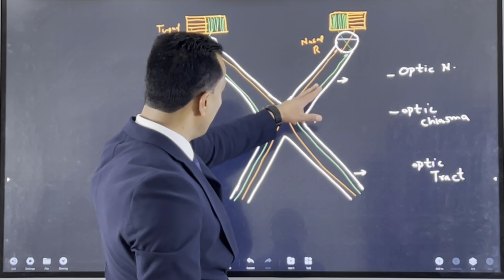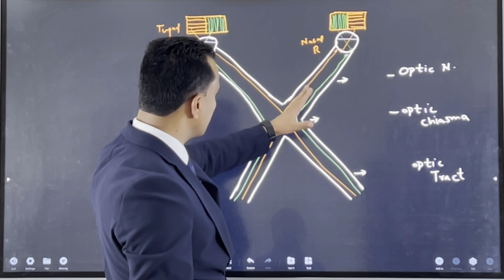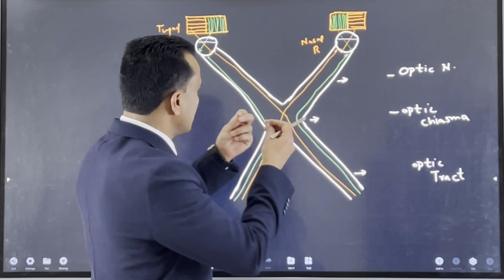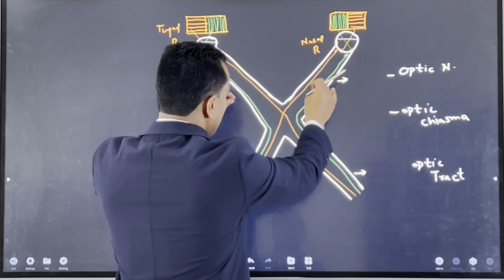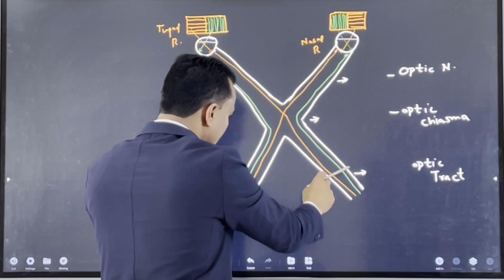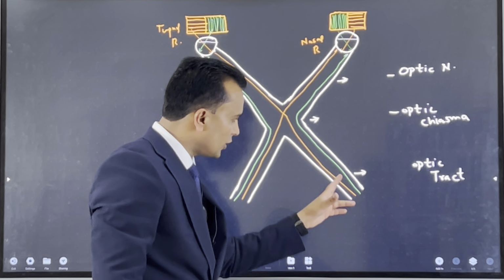So you can see now this light, this is like an ascending pathway. Light enters the eyes, enters on the right side, and from the left side some fibers are crossing at the optic chiasma. Then this light is running in your optic tract.